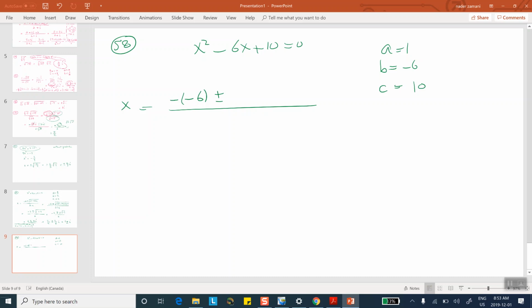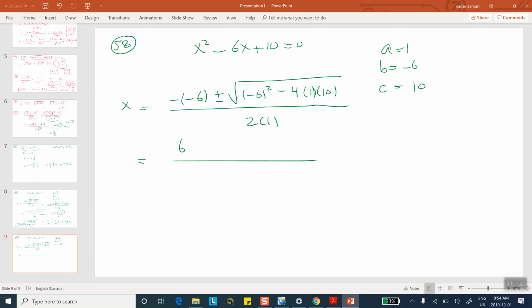Plus or minus square root of minus 6 squared minus 4, your a is 1, and your c is 10, divided by 2 times 1. So this is going to be 6 plus or minus square root of, this is 36 minus 40 divided by 2.